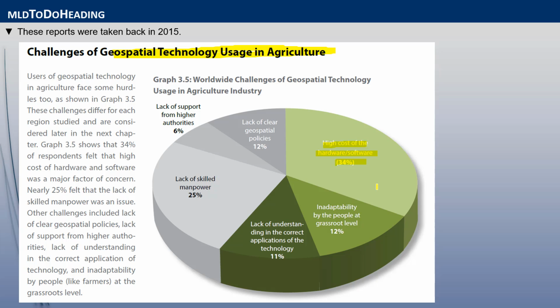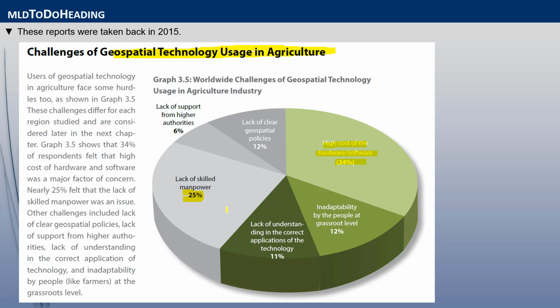For GIS technologies, we need sophisticated software and some kind of hardware, so the cost associated with them is higher. This is the major challenge to acquire or implement these technologies in the agriculture sector. The second challenge is the lack of skilled manpower. We don't have enough training programs and enough skilled people to operate those geospatial technologies, so this is also a challenge.